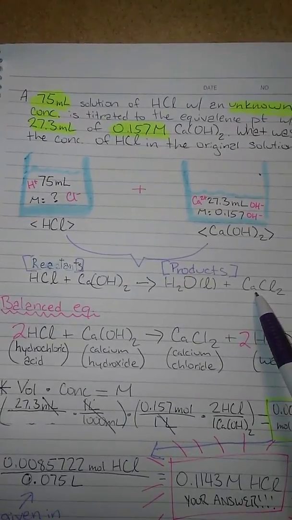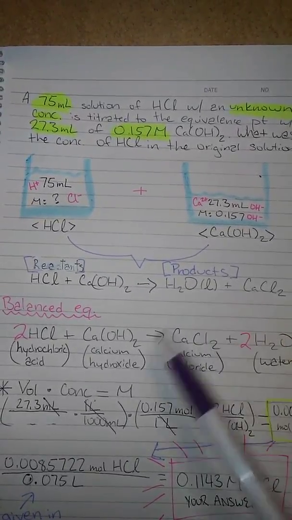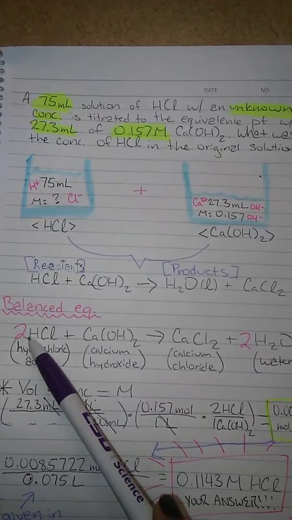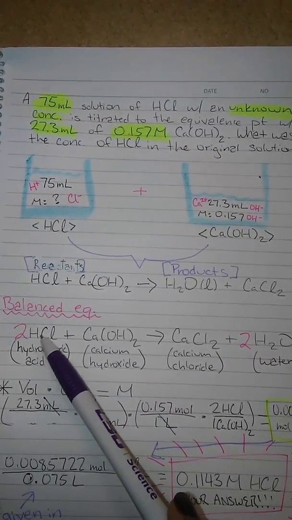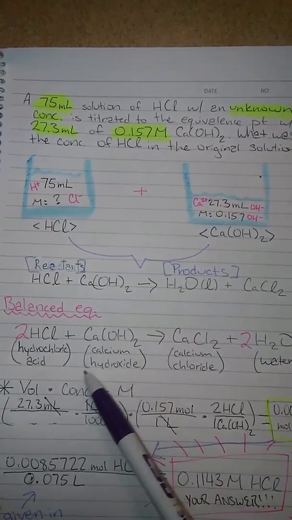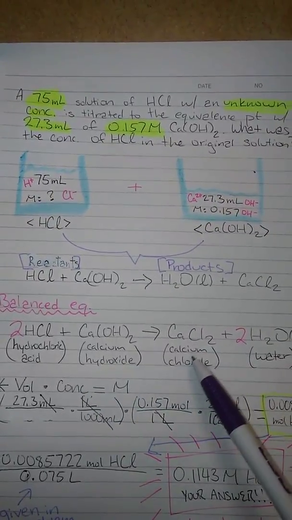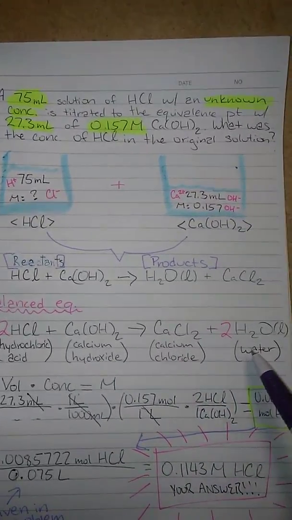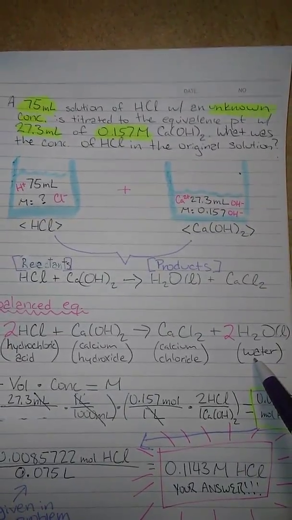What we can do is look to see that 2 of our hydrochloric acids added to 1 of our calcium hydroxides will give us 1 calcium chloride and 2 waters.